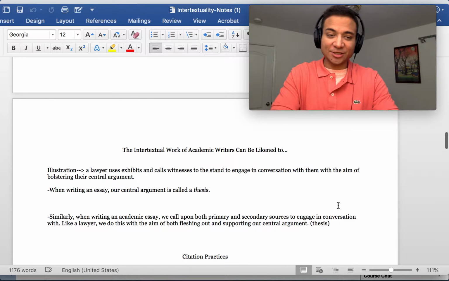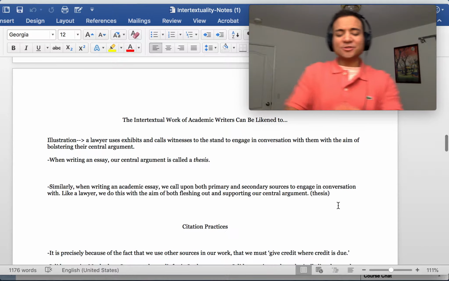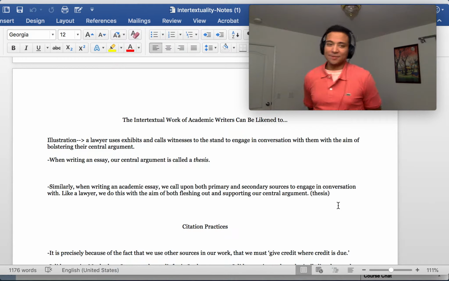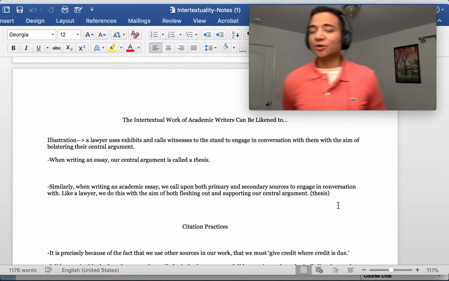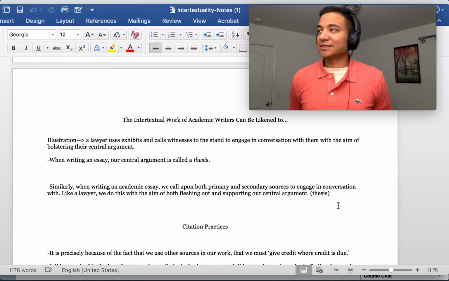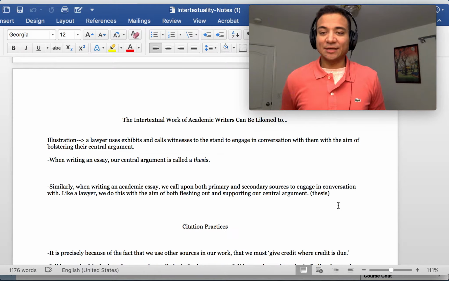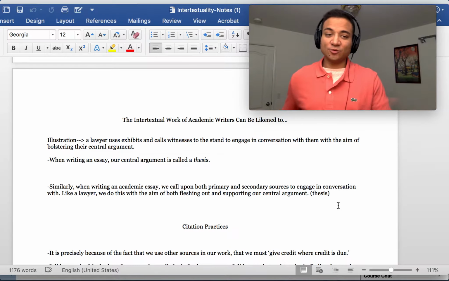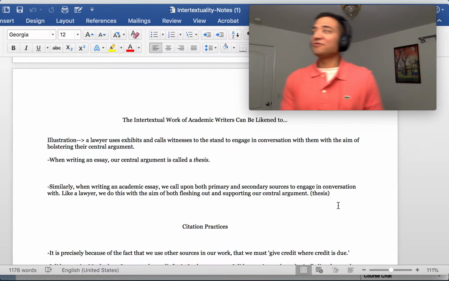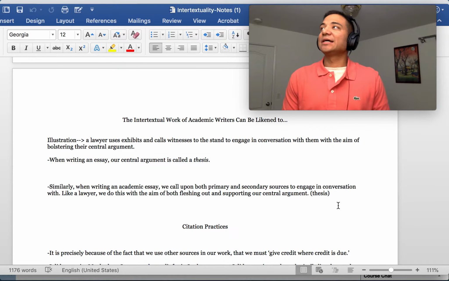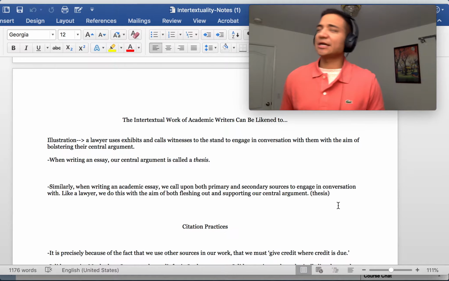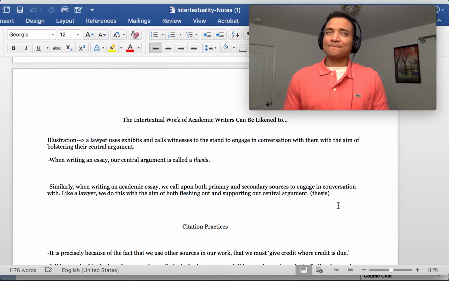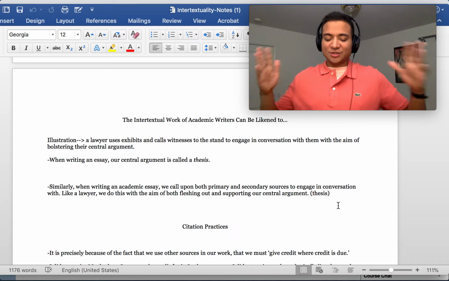Okay, it's a conversation. Here's another cool illustration. This can be likened to a lawyer. So lawyers use exhibits and they call witnesses to the stand to engage in conversation with them, right? And they're very intentional. They're using sources and exhibits to prove their point, which is defending their client.